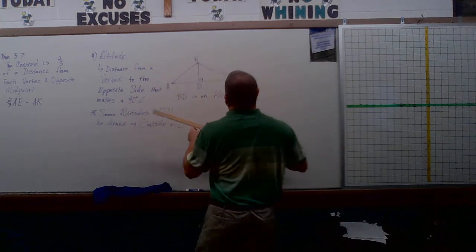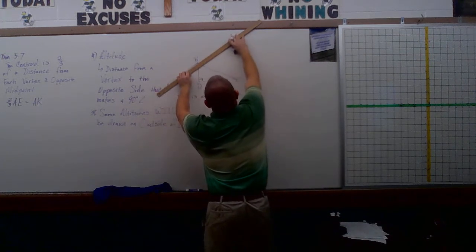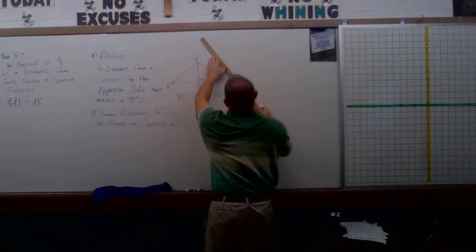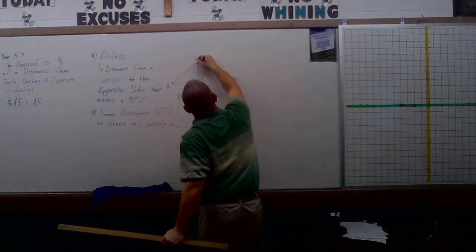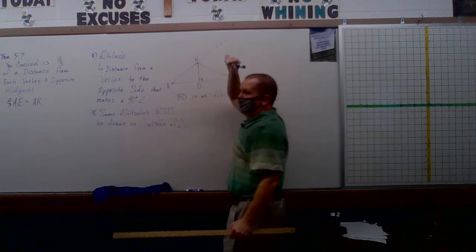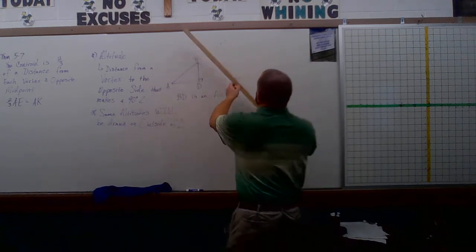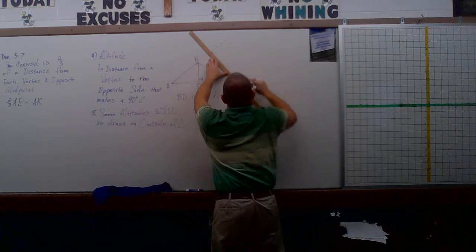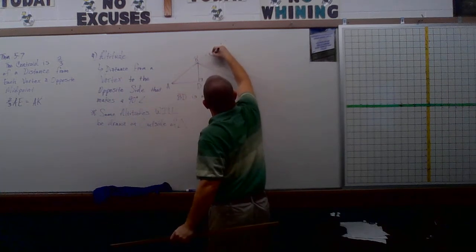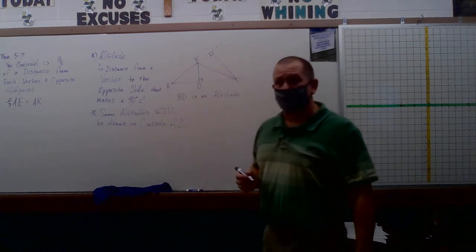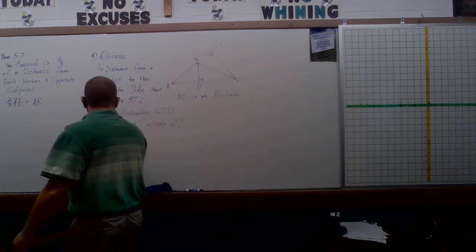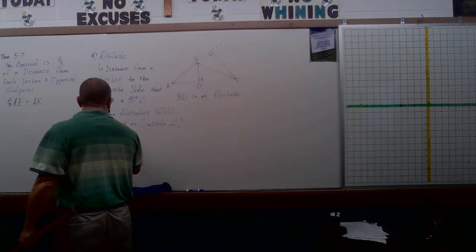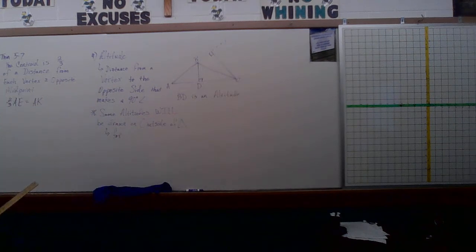When I'm going to figure out that here's my line and here's my 90-degree angle, I'm going to extend those sides. And then I'm going to draw my 90-degree angle. So an altitude can be on the outside, especially for what kind of triangles would you say? Obtuse.